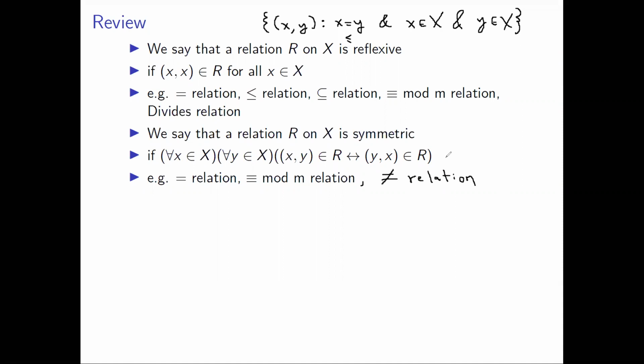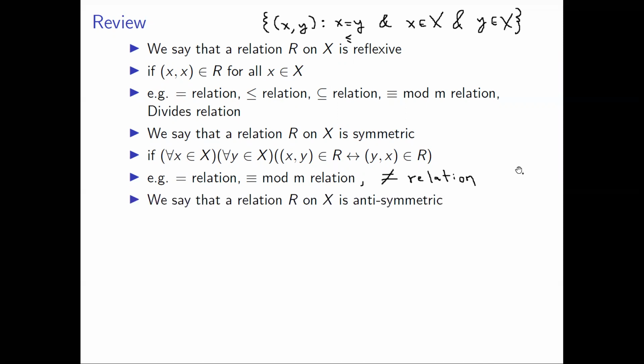But it's not reflexive because it's not true that x does not equal x, because we know that x must equal x. So that's an example that is symmetric but not reflexive. And the other two were both symmetric and reflexive.